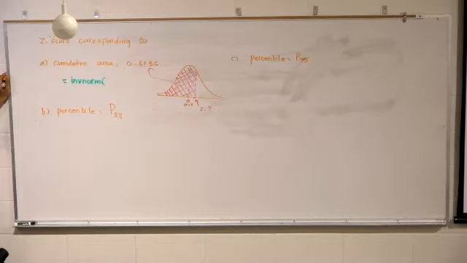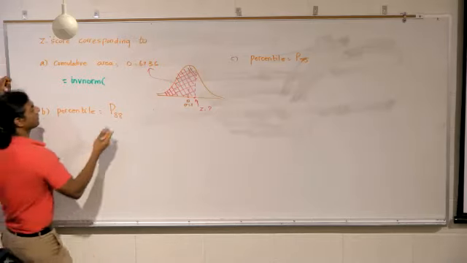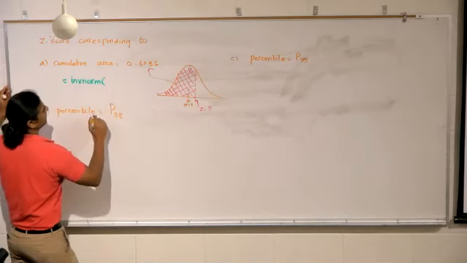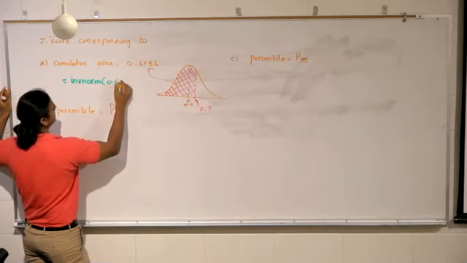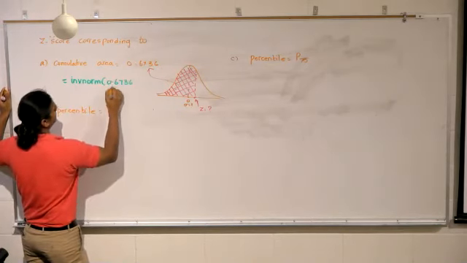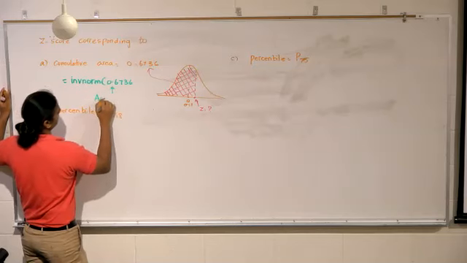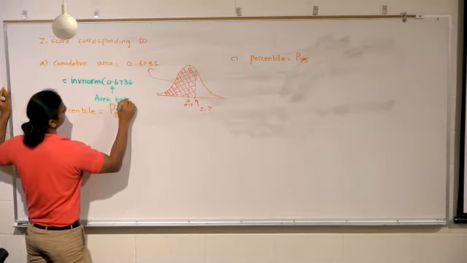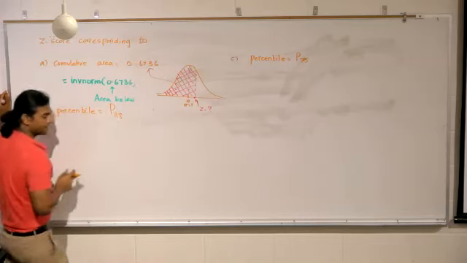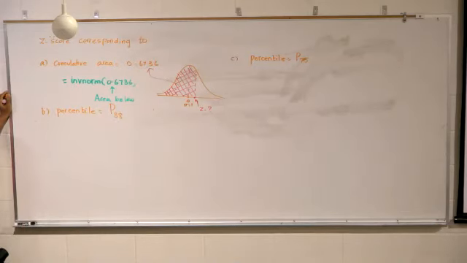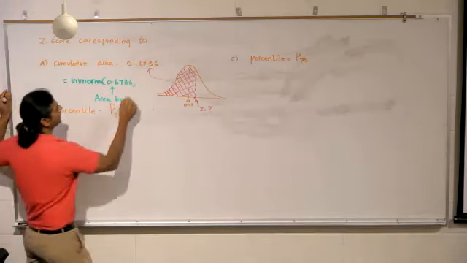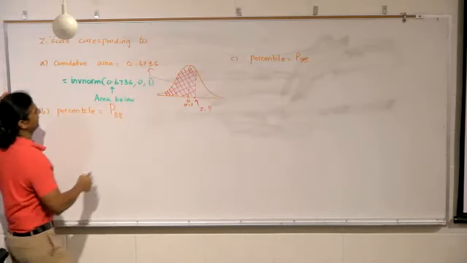And the calculator always takes the area below. So area below the percentile is 0.6736. In this case, the mean is 0, standard deviation is 1, so 0, 1.